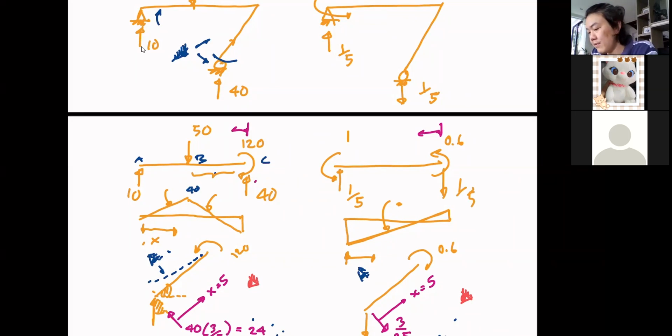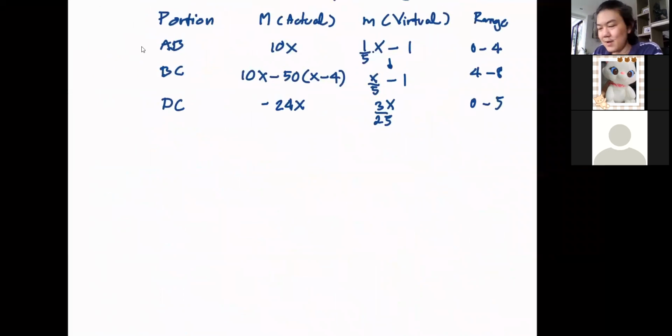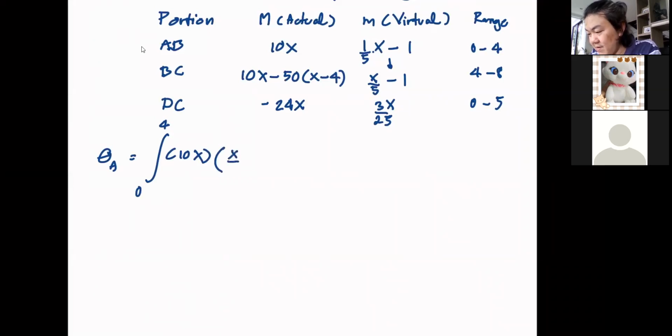Okay, so now after we get this, let's carry on with our dirty work. Now theta A. That would be the integral from 0 to 4 of 10x multiplied by (x/5 minus 1) dx over EI, plus another integral from 4 to 8.